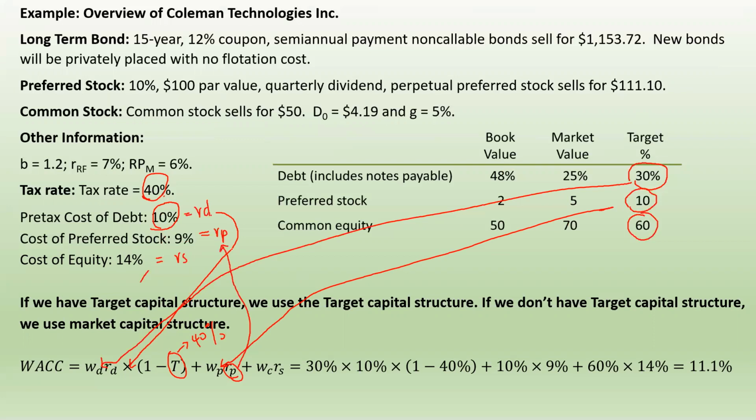RP is 9%. And finally, 60% is funded by common stock. So WC is the percentage of capital from common stock, and RS is 14%. And finally, we found that the weighted average cost of capital of this firm, Common Technologies, is 11.1%.